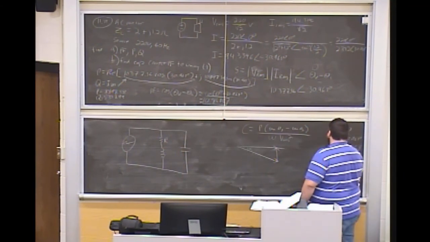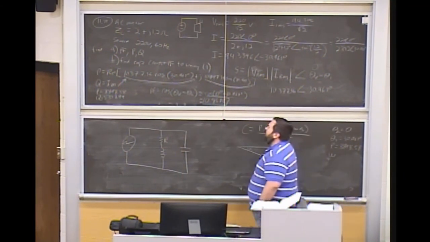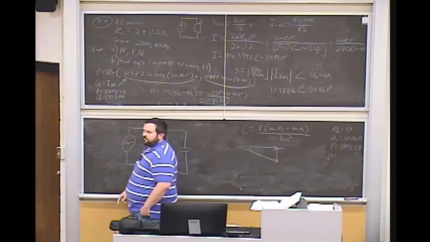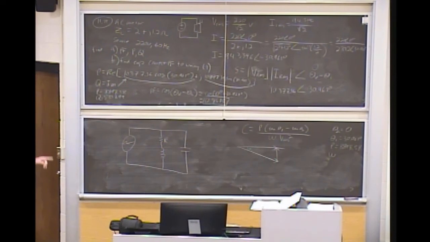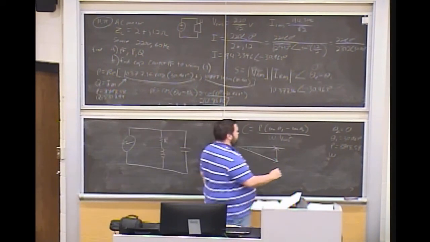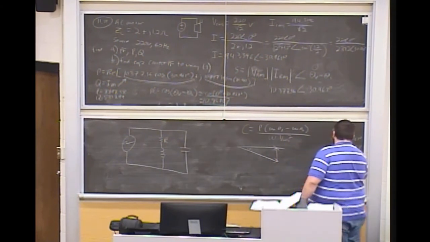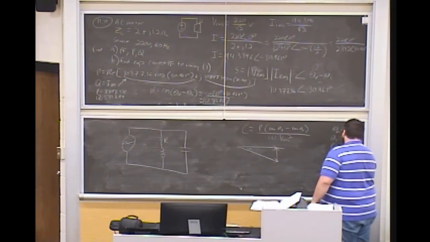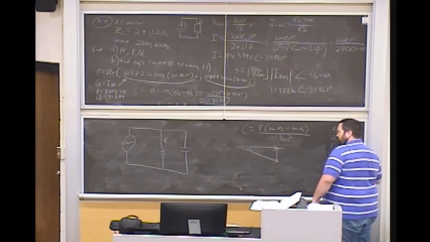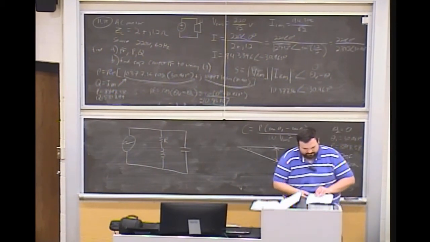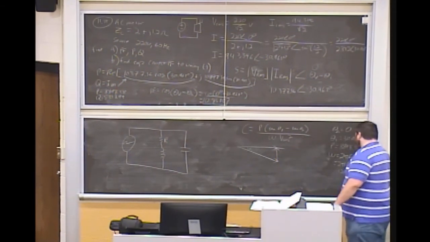Our omega, if we go back to our source, is 2 pi times 60. We're given F. Omega is equal to 2 pi times F. So that's going to be 2 pi times 60 hertz, so it's basically 120 pi, or approximately 377.